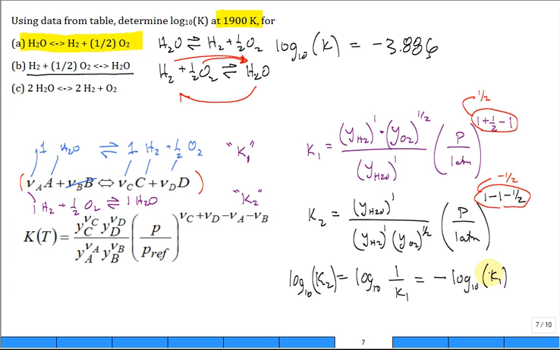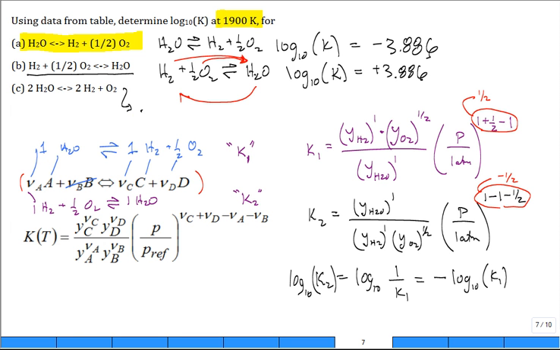So if I want to calculate log base 10 of the reaction for B, it's equal to minus a minus. Make sense? So if you switch the equation around, the log base 10 of that K switches sign. True? Good.